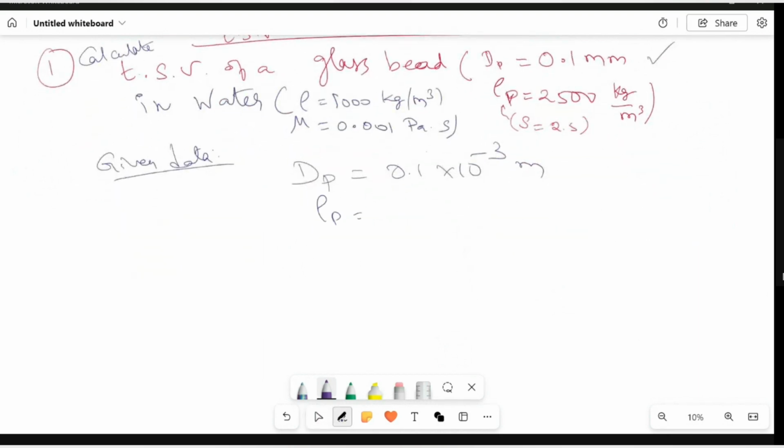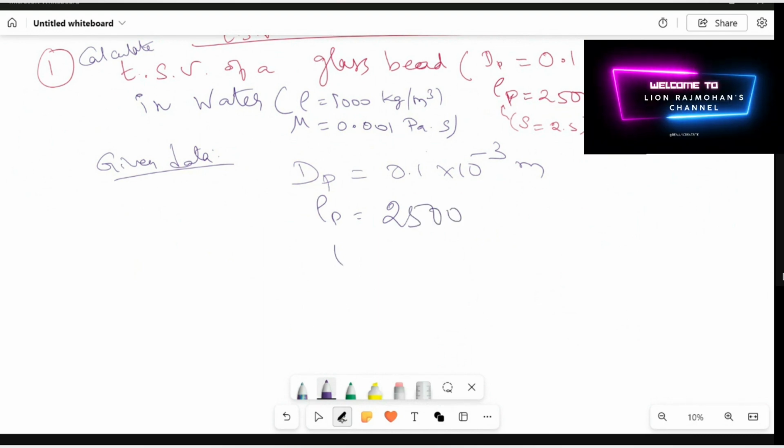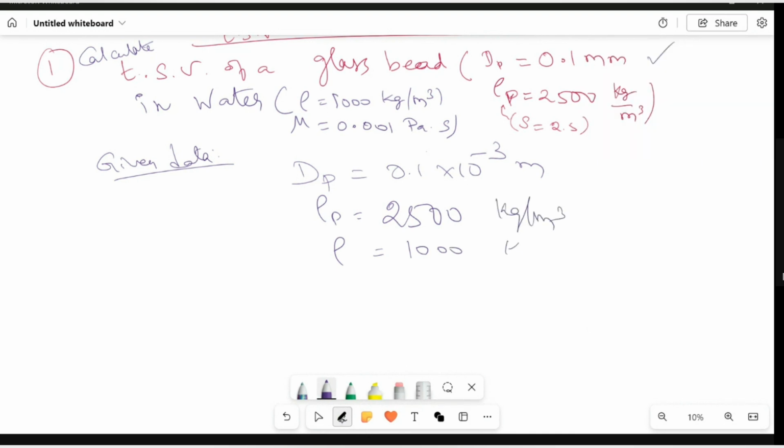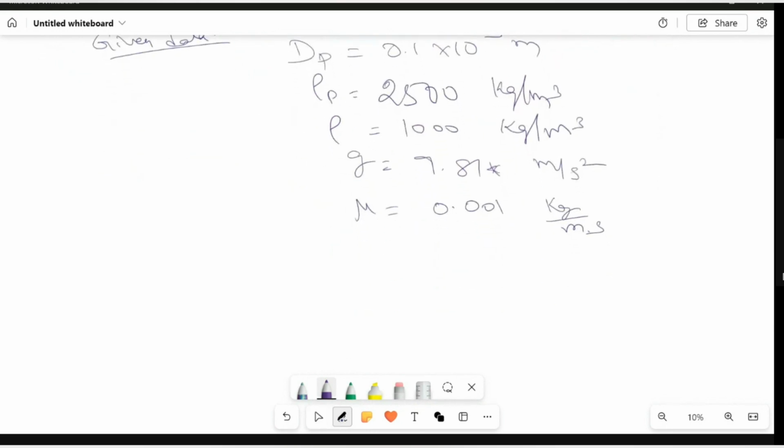Density of the particle is 2500, density of the fluid is 1000 kg per meter cube, g is 9.81 meter per second square, and viscosity is 0.001 kg per meter second, that is Pascal second. So all four parameters are known. We can substitute to get the UT value.